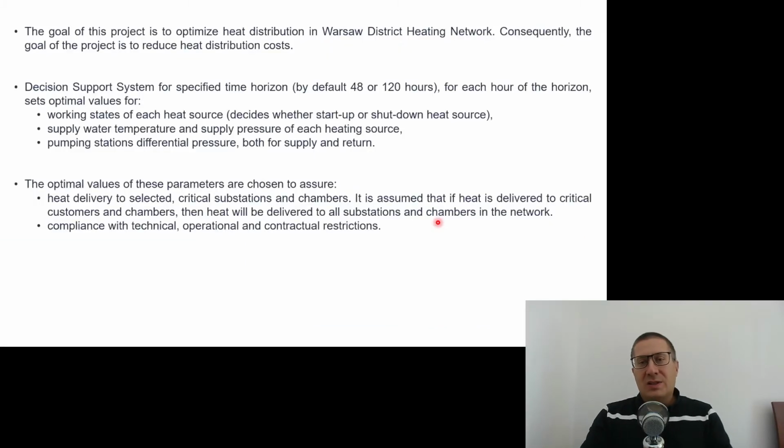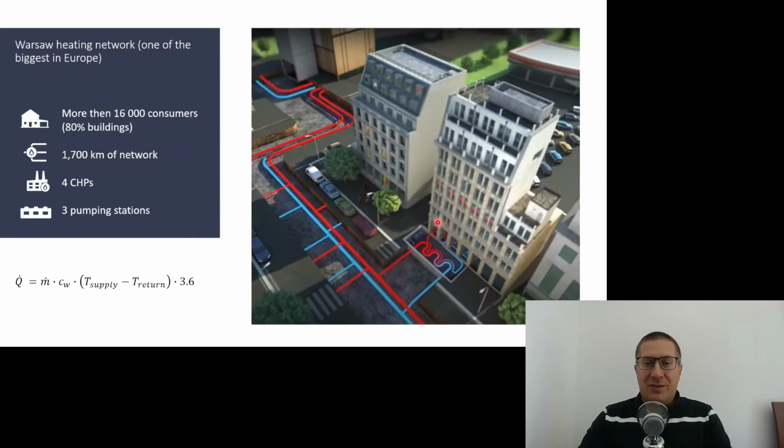Okay, so now let's move to the project goal. So Veolia installed in Warsaw a lot of very interesting stuff, like for instance meters that can send the flow, temperature, pressure parameters in a quasi-online time to the data warehouse.